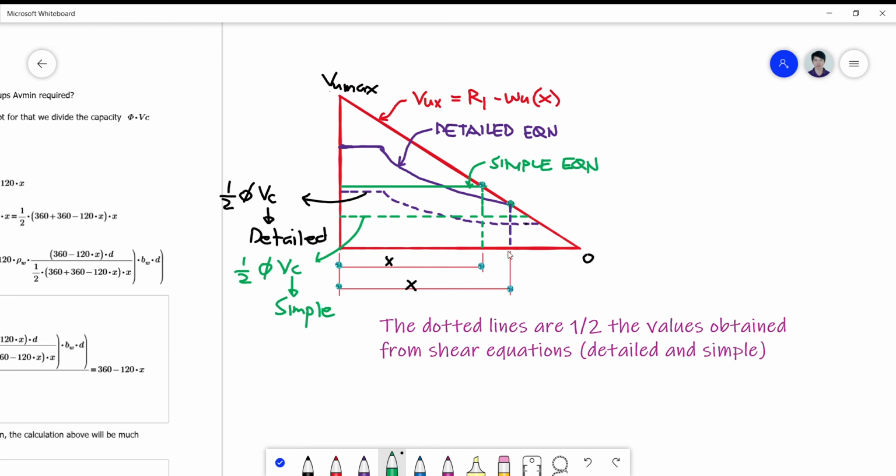So again, what we will be computing now are no longer this x, but rather this x's. So I will shift my x from here. It will now be measured up to here. So my x will be extended quite longer, and my x here will be extended up to this.